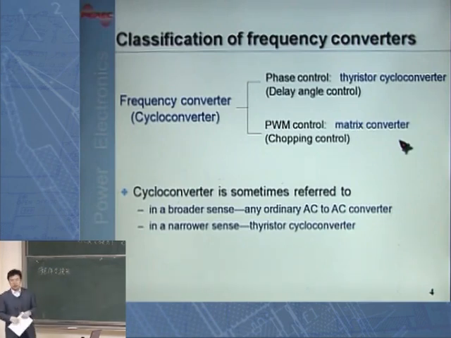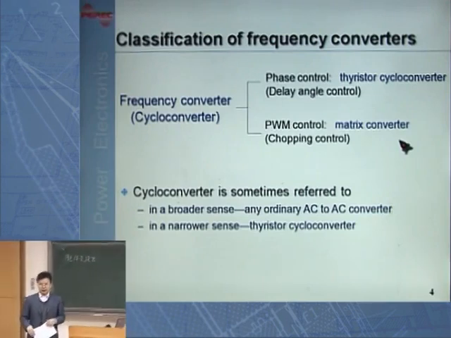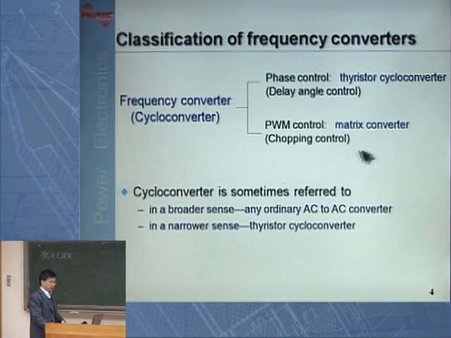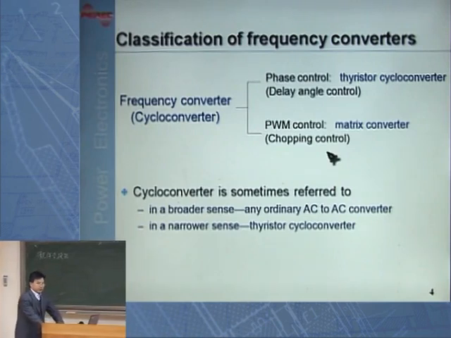Why is that called matrix? We'll mention that when we get into that in detail. Okay? And then cyclic converter, this name, in here we are using this as a different name for frequency converters.